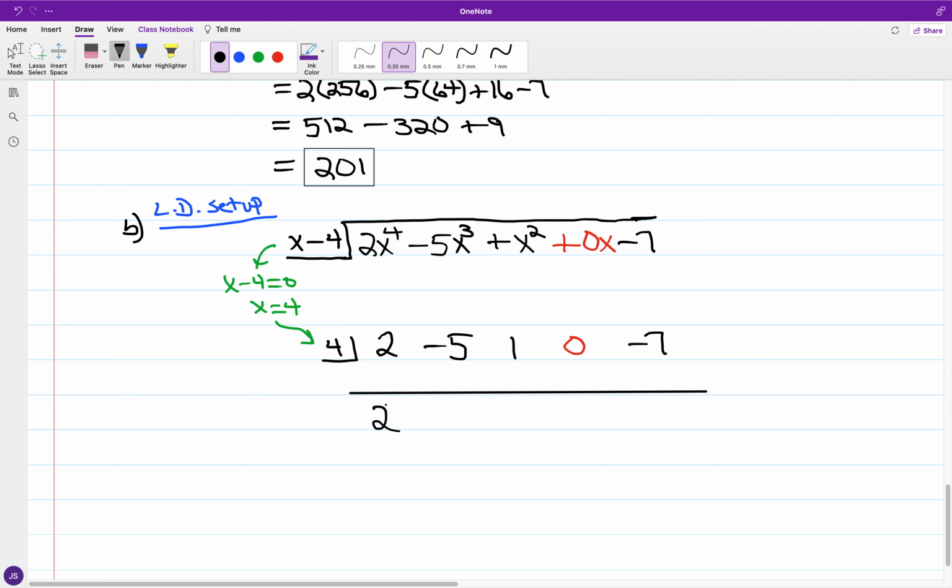After bringing 2 down, we have 4 times 2 is 8, which is brought over into the next column, and adding, negative 5 plus 8 will be 3. Then 4 times 3 is 12. 1 plus 12 is 13. 4 times 13 is 52. And 0 plus 52 is going to make 52. And 4 times 52 is going to be 208. And negative 7 plus 208 is going to yield the last column total.